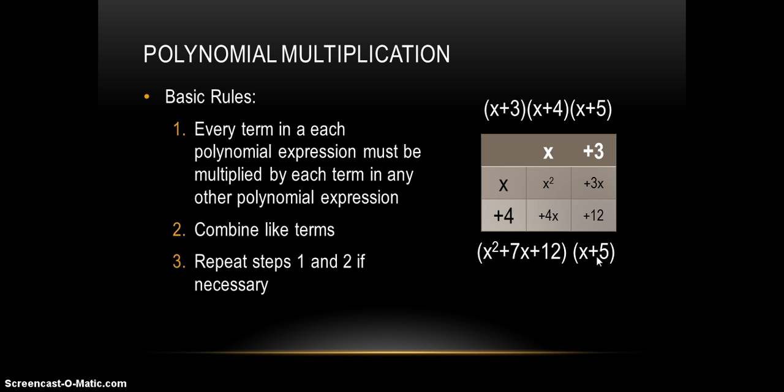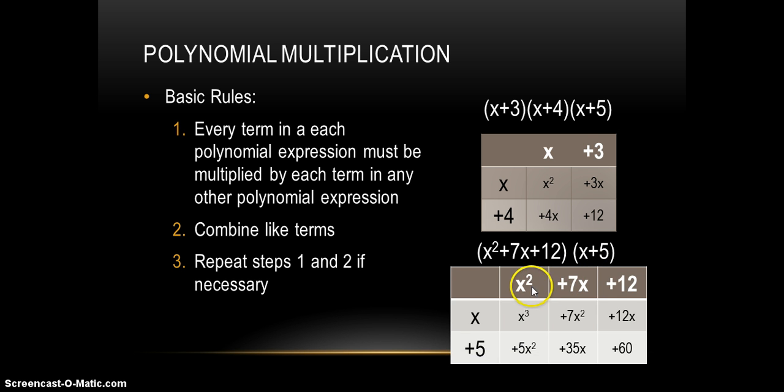So we're going to repeat steps 1 and 2. Now I've got the x squared plus 7x plus 12 here, the x plus 5 on this side, and I need to multiply out. X times x squared is x cubed, x times 7x is 7x squared, x times 12 is 12x. Same thing with the plus 5.